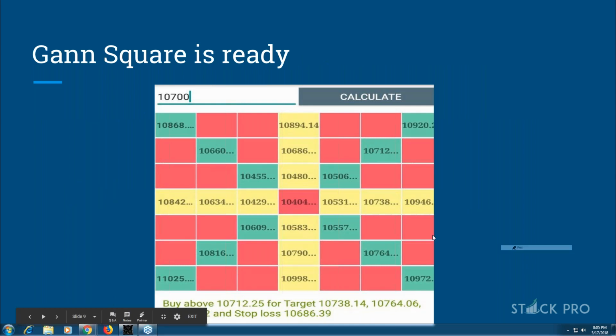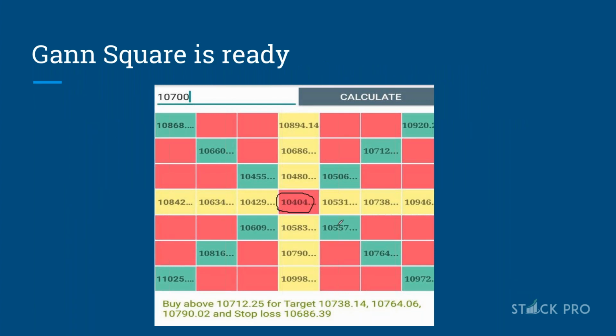We put 10,404 right in the middle, and then next we have put 10,429, then 10,455, then 10,480, then 10,506, then 531, then 557, then 583, then 609, and then we go here, right? We go to this number.